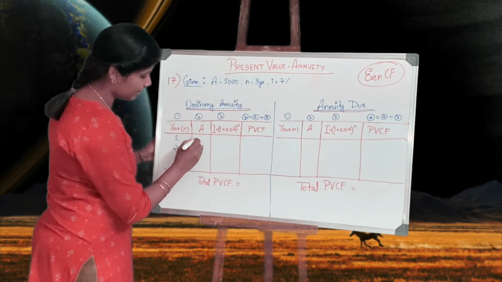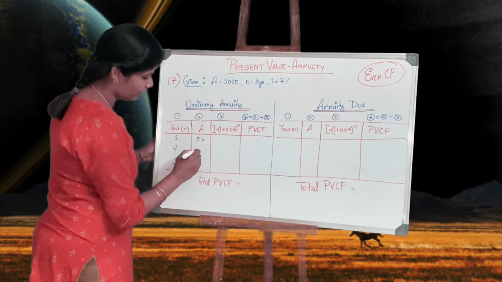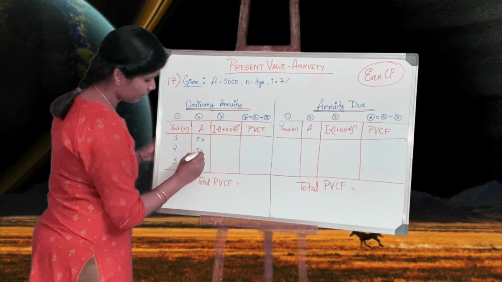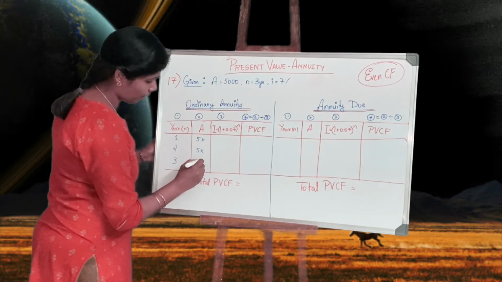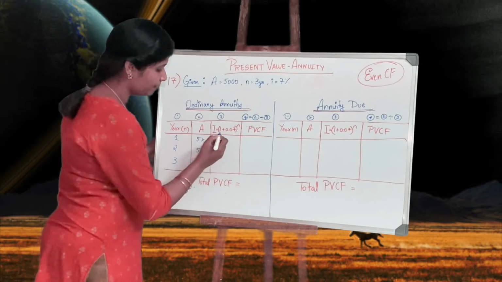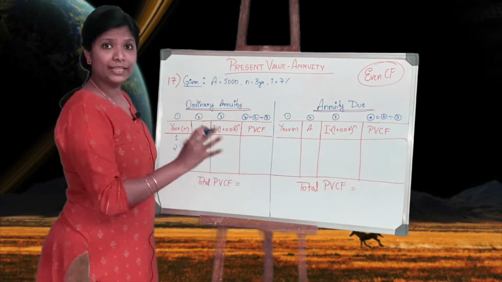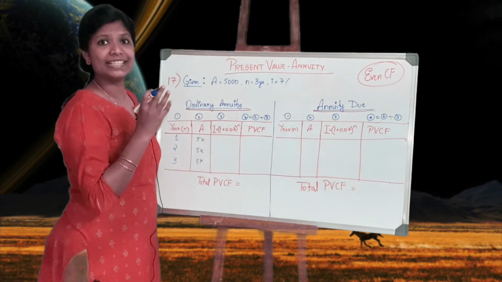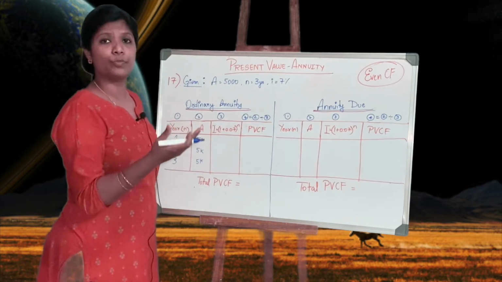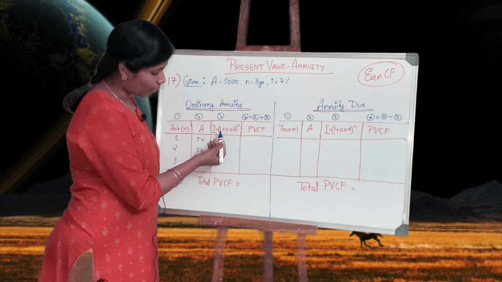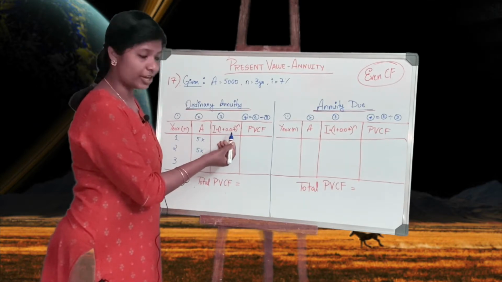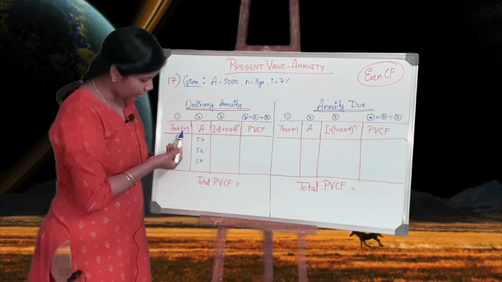Annuity will remain the same, 5,000, 5,000 and 5,000 each. Remember, while writing interest in the table format, please don't make the mistake of just writing 7% or just writing 0.07. Here I mentioned in the formula 1 plus the interest rate to the power of n. N is here the number of years.